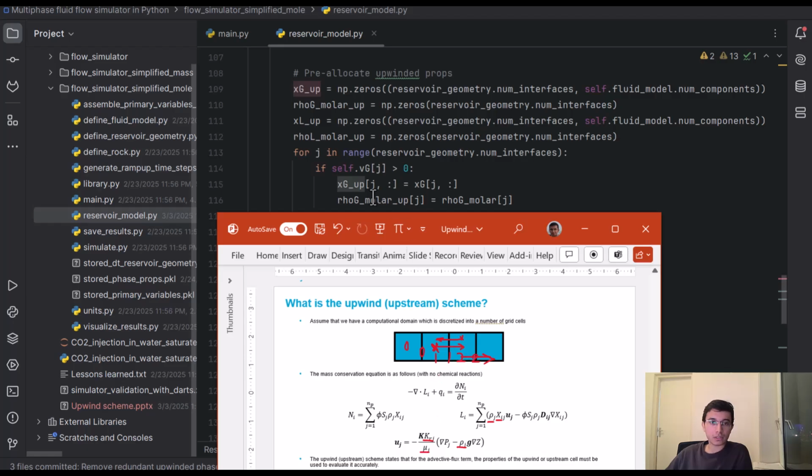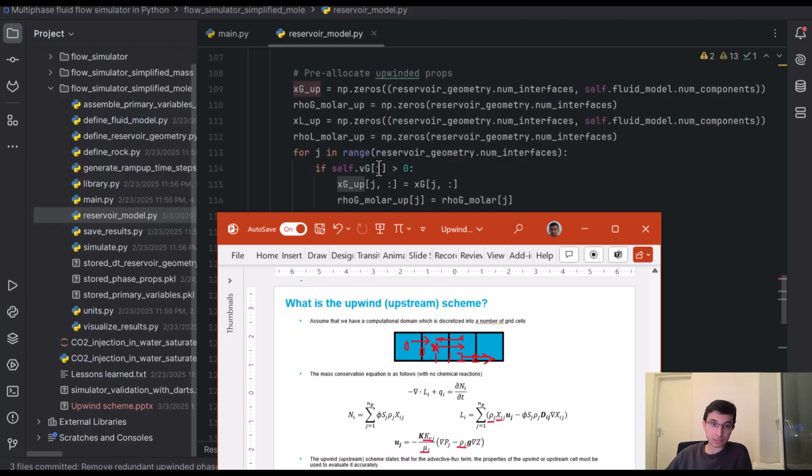All right? So what happens here is that, as an example, if fluid is moving at this interface, the interface index is 0.